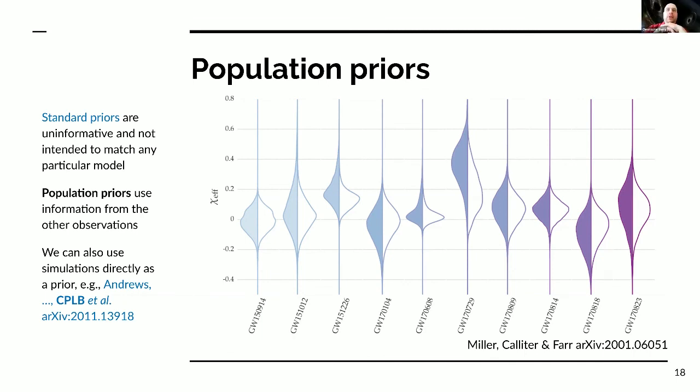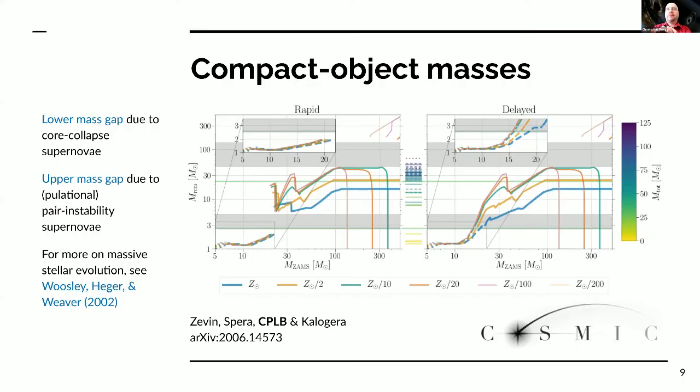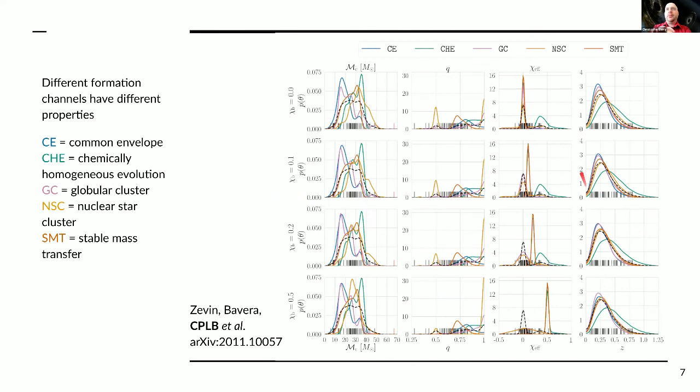Yeah, it's a good question, and I think we'll come on to this a bit more in the final lecture. But briefly, yes. If you remember some of the predictions for what chi-effective should look like from different channels, large chi-effective would be expected for chemically homogeneous evolution and for isolated channels, so stable mass transfer and common envelope, if black holes are born with large spins.